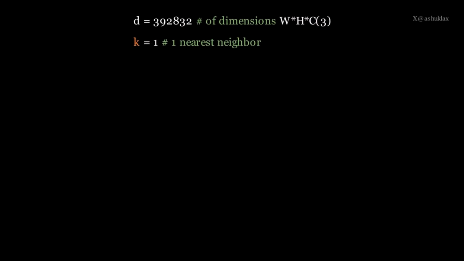Let's define dimensions equals 392832 and k equals 1. Dimensions d is derived from image width times height times 3, where 3 represents the RGB color channels for each pixel. Dimensions is the number of values in a vector array and k is the number of nearest neighbors for the similarity search. When k equals 1, it will return only the first closest matching result.